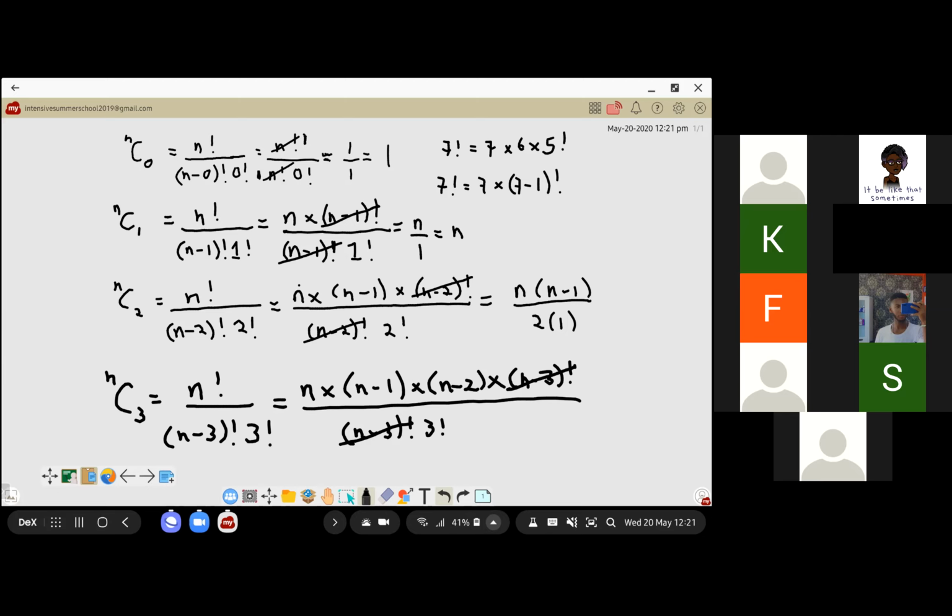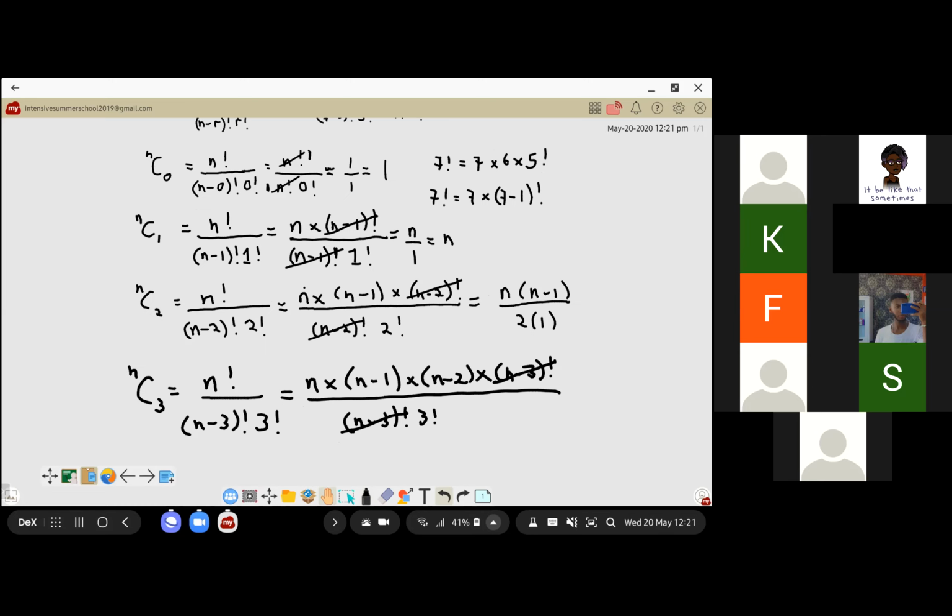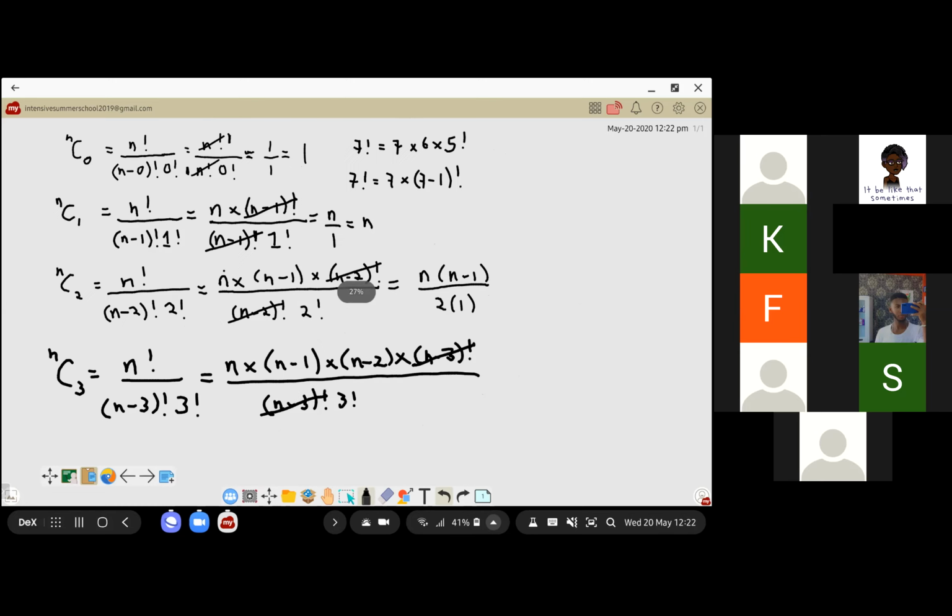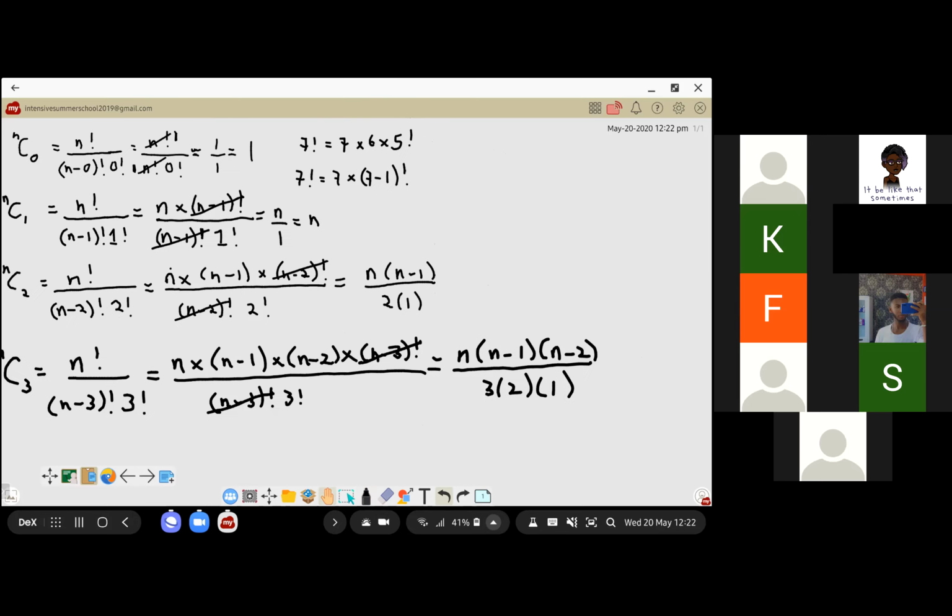Okay. Are you following? Yes, please. So that will get what? n into bracket n minus 1, n minus 2, all over 3 times 2 times 1. Or let me put it so that it will look like what is in your book.